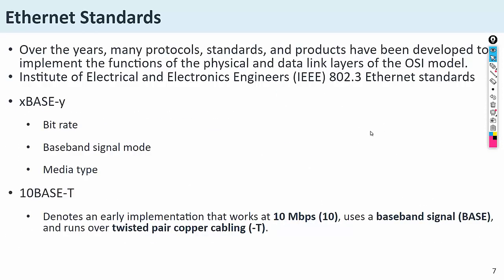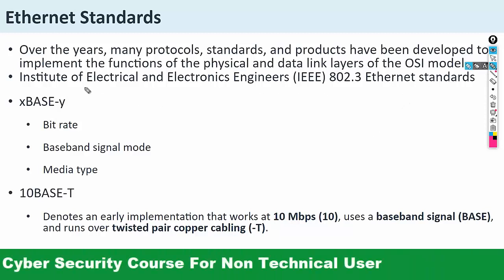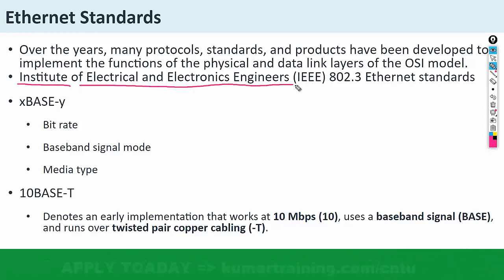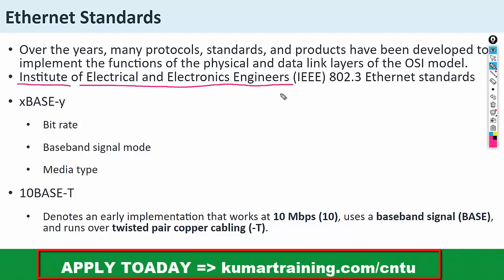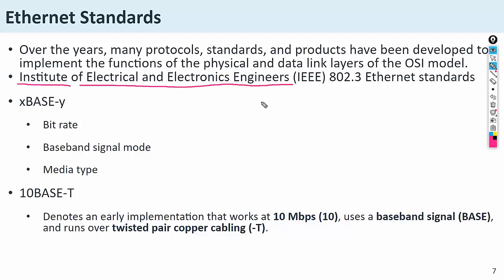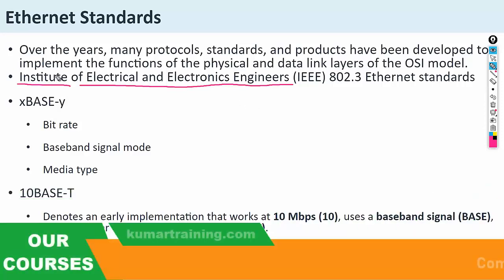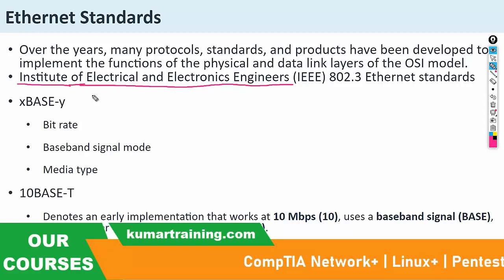If we talk about the Ethernet standard, there is an institution called IEEE, the Institute of Electrical and Electronics Engineers. This is the institution which provides the standards, and a standard is just about fulfilling the least requirement.